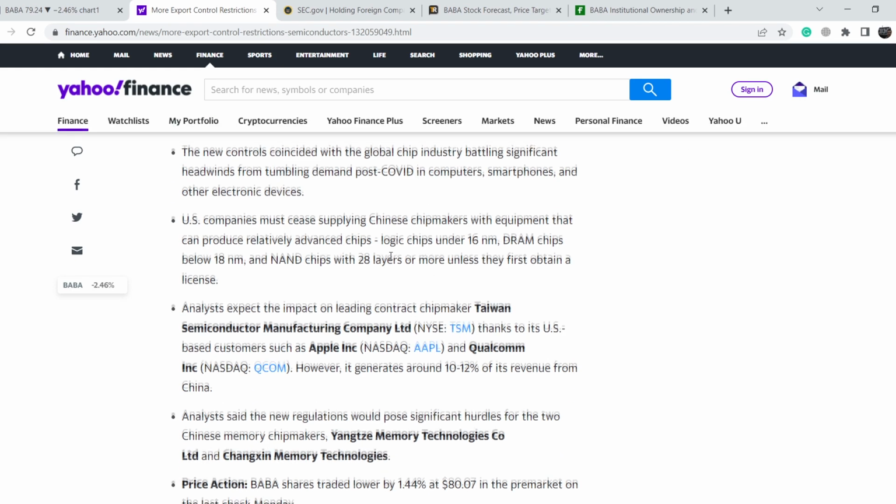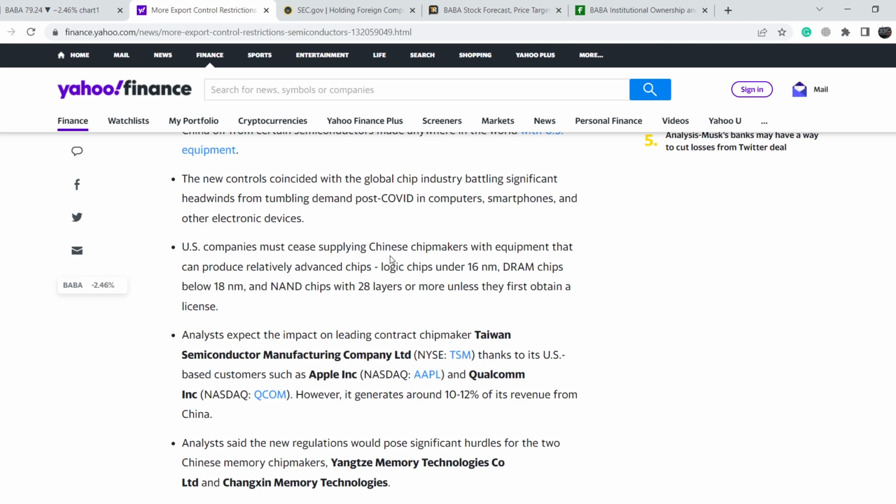So definitely when we see any type of restrictions directly related to two countries, a lot of big tech companies in China might have very hard days because of these restrictions. Definitely, it might affect the price of these shares in a negative manner.